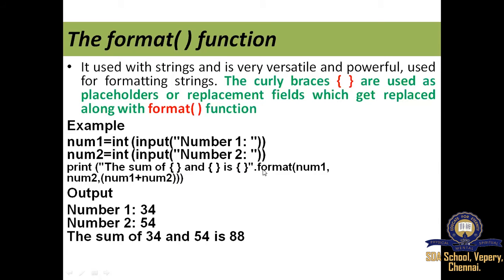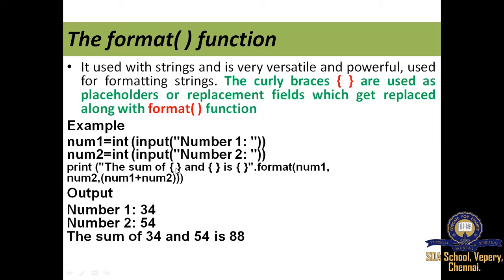So we are using this format operation along with the curly braces, which are called placeholders. So these are the two values I'm going to enter. For number 1, it is 34. Number 2 is 54. The sum of 34 and 54 is 88.